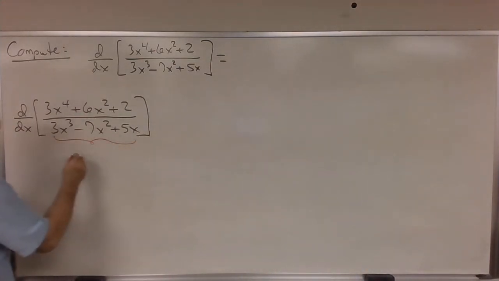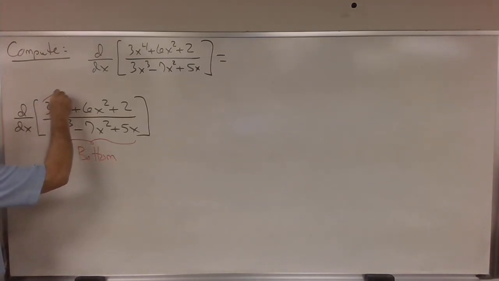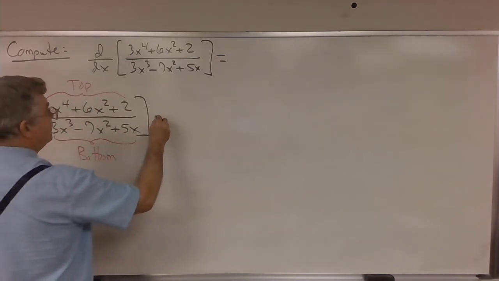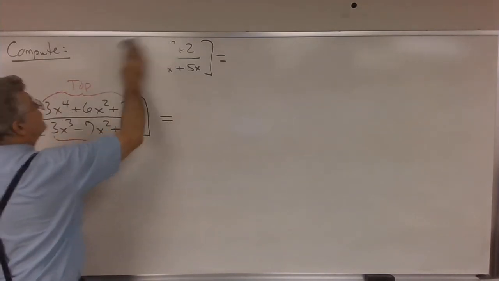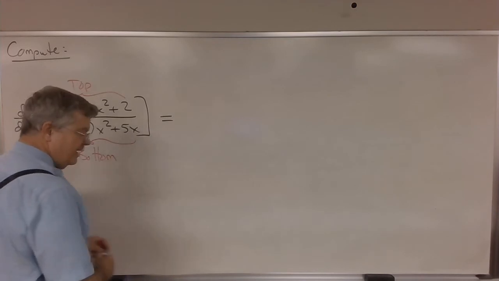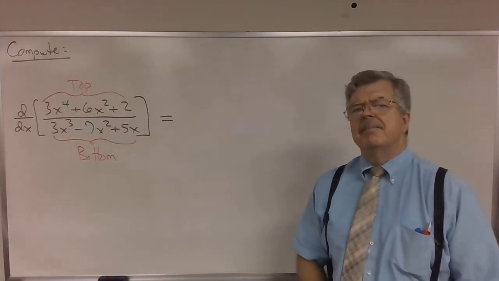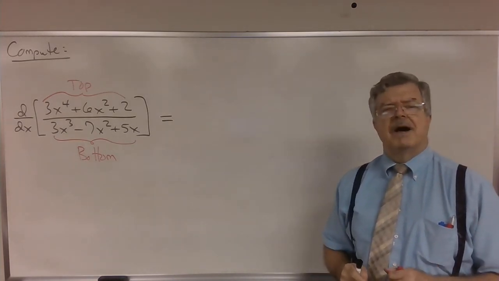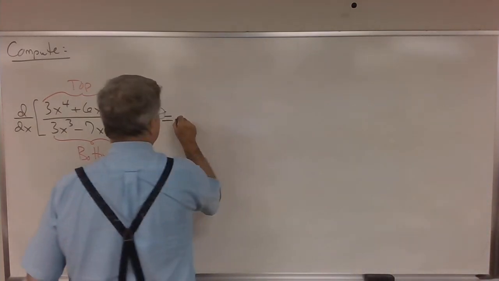Here's the bottom. Here's the top. And I've been doing my quotient rule. I've been walking around saying it. Top prime times the bottom minus bottom prime times the top, all over the bottom squared. I got it. So I'm going to write that down first.